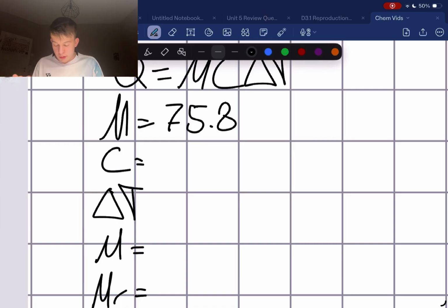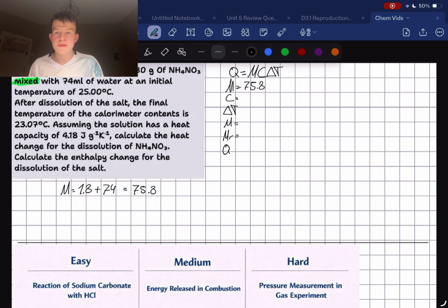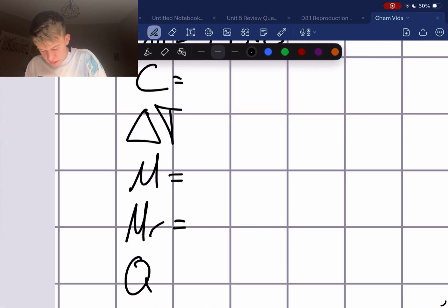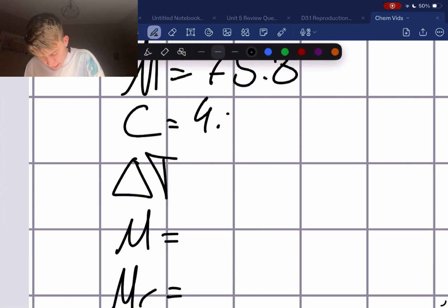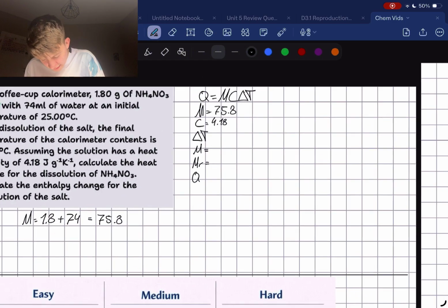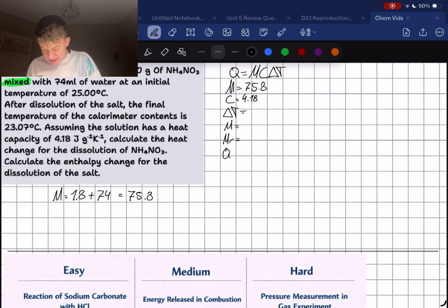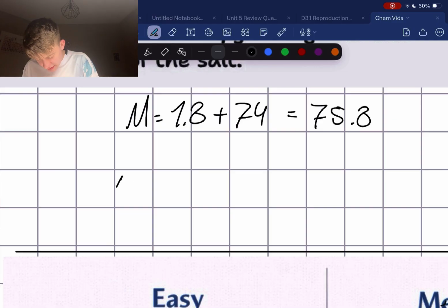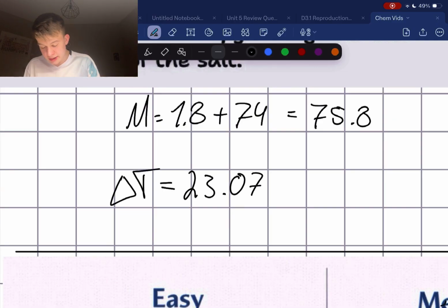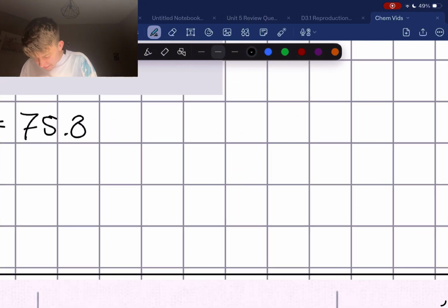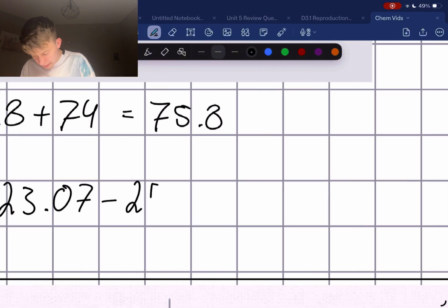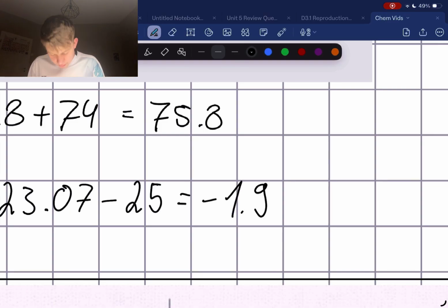Okay, so M is 75.8. Our specific heat capacity is 4.18. So we do 4.18. Delta T, how we calculated with, we do delta T equals 23.07 minus 25, which will give us a negative 1.93.